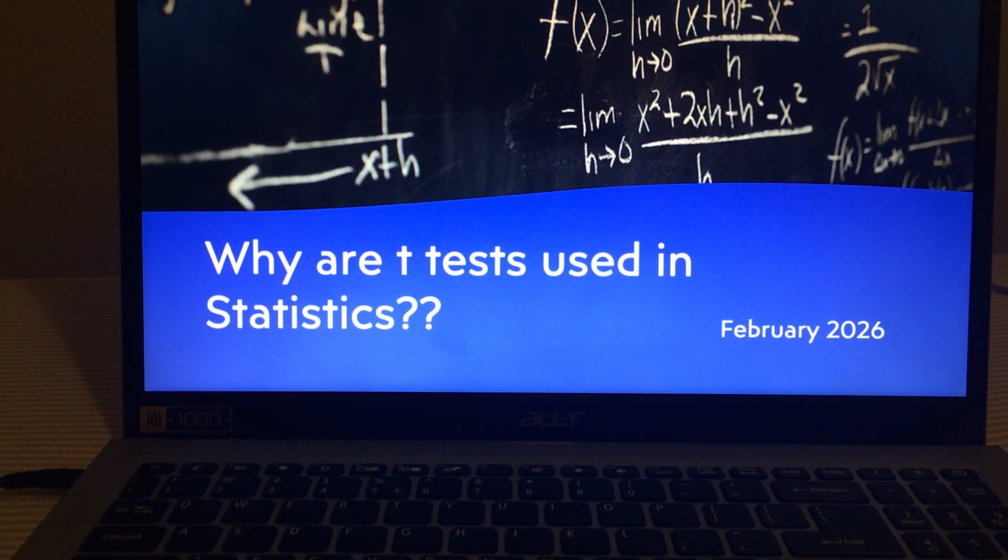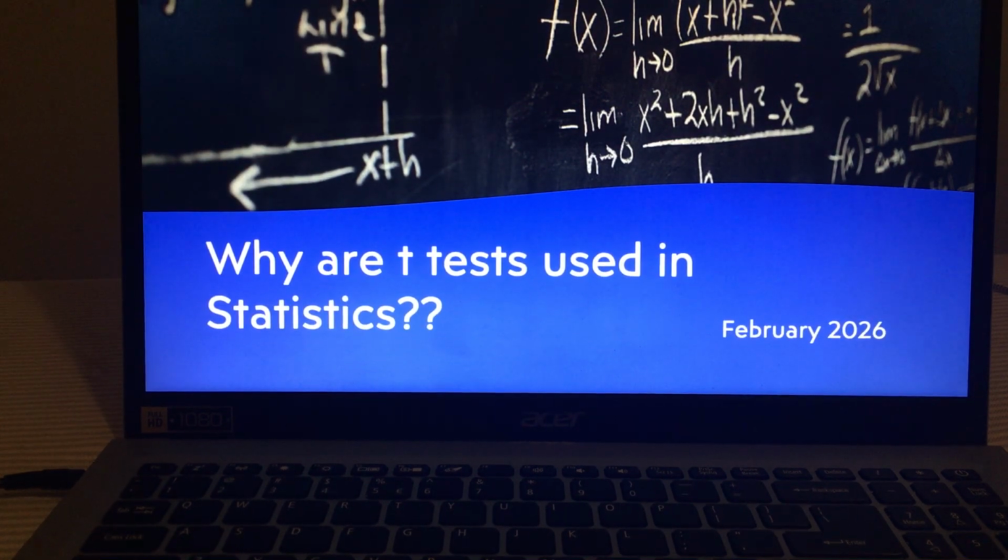So we need to take into account, again, the right tail and the left tail. This will give us a p-value of 0.017 times 2, which is 0.034.